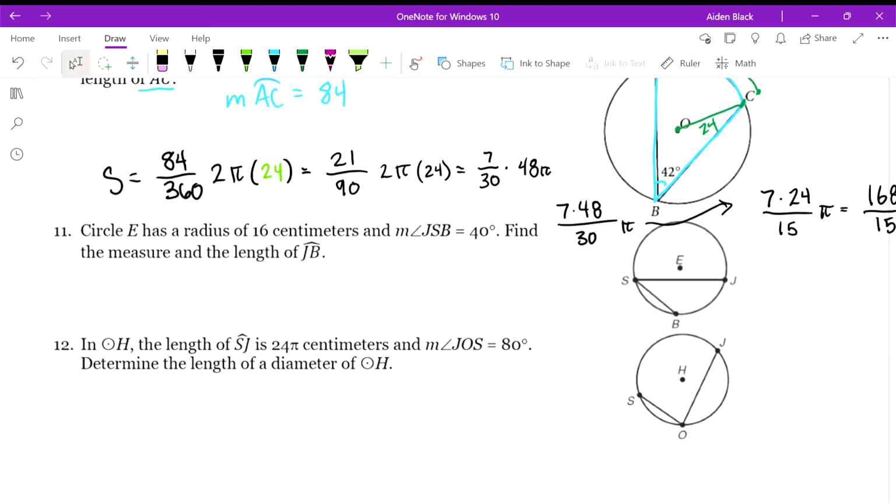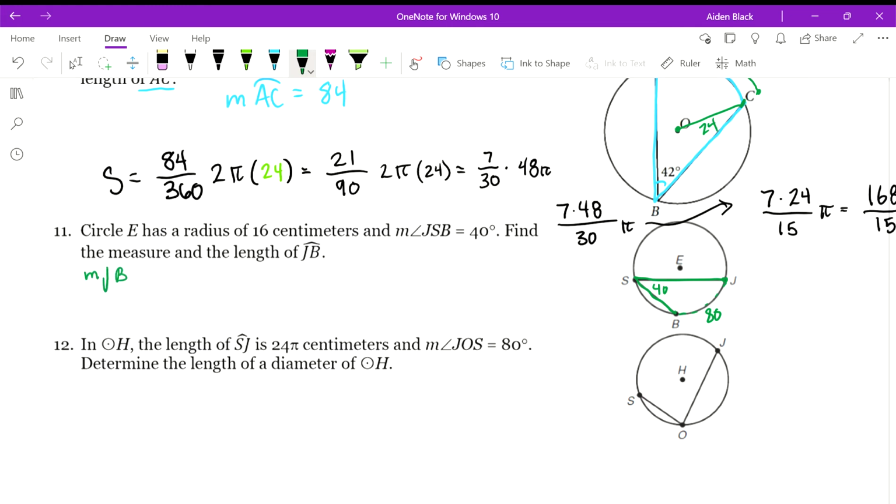Circle E has a radius of 16 centimeters, and the measure of angle JSB is 40 degrees. So let's look at JSB. This is 40. So we know its intercepted arc, which is JB, is 80. And we're trying to find the measure and length of JB. We already found the measure of JB.